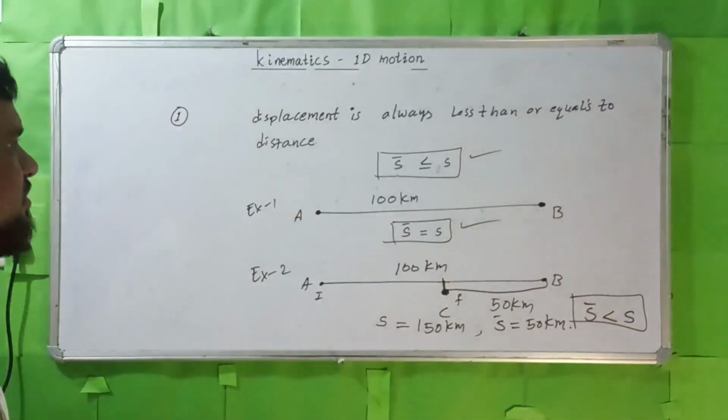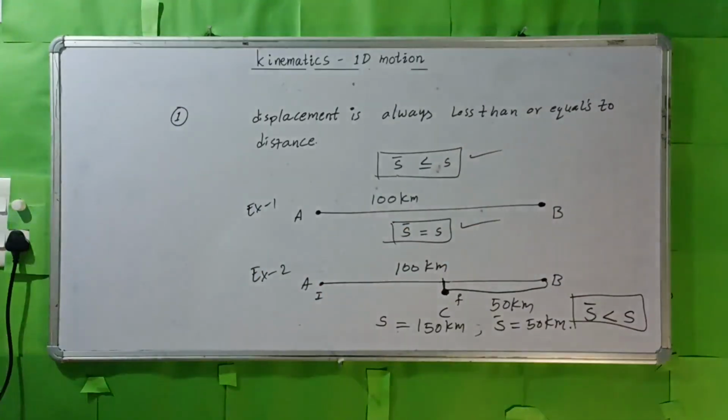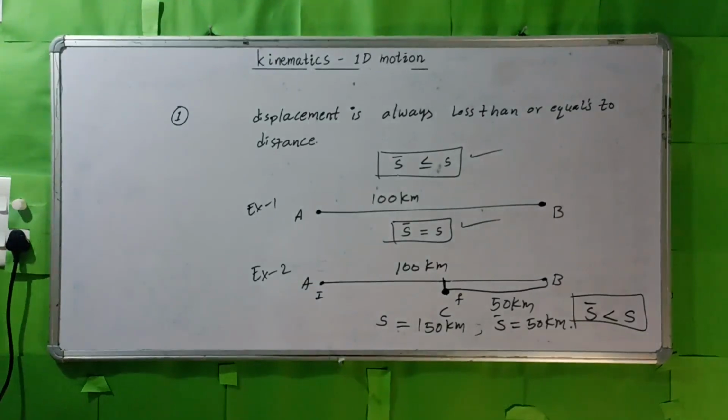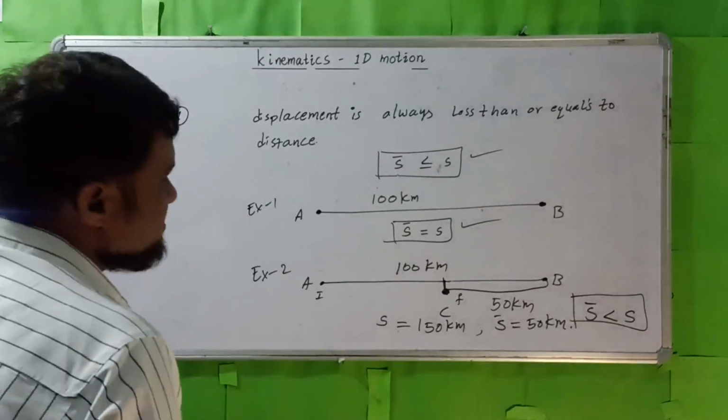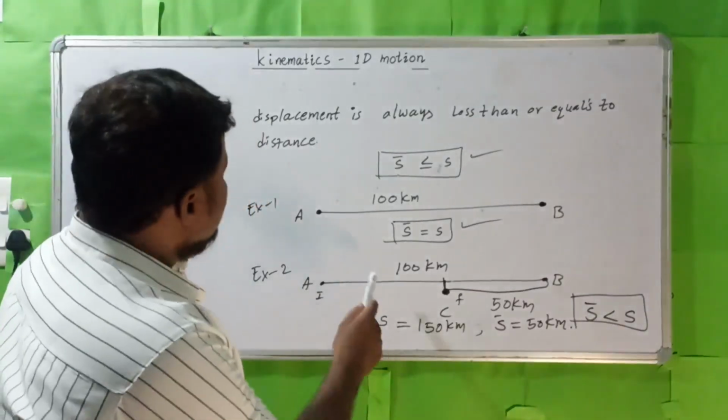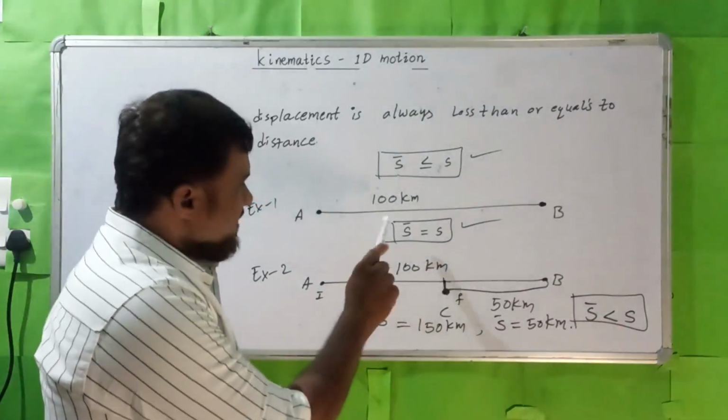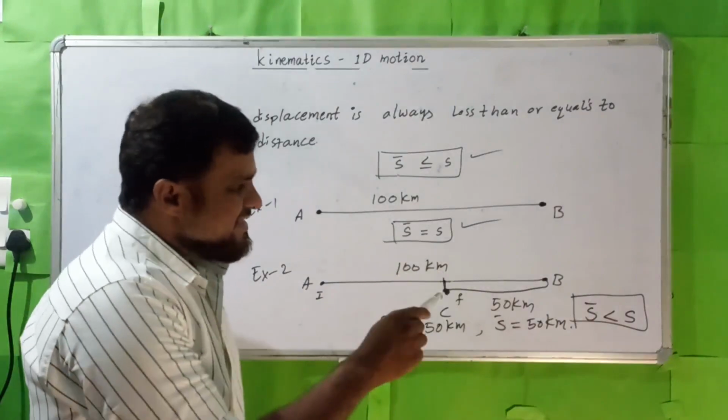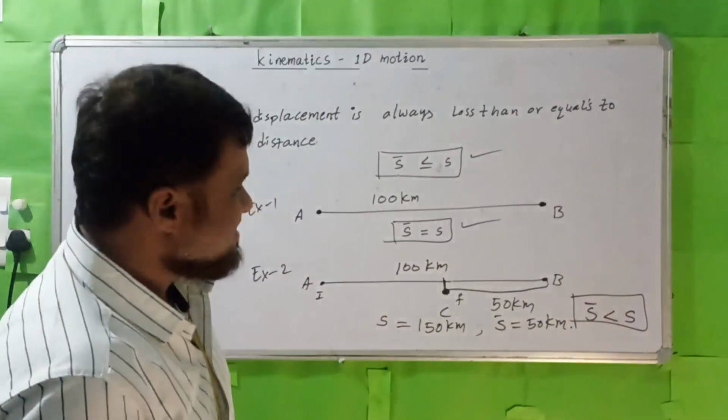Next, we will do some more examples. Also we can observe here, for a moving particle, distance can never decrease.